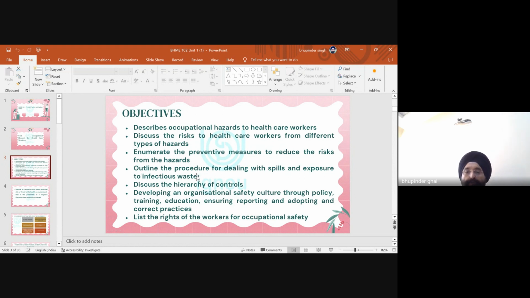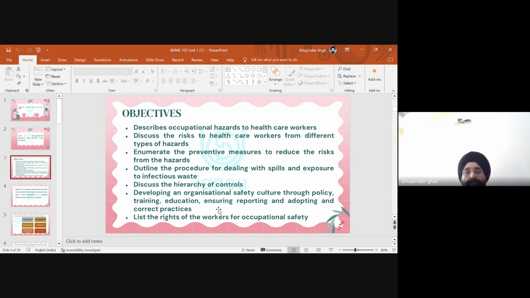Outline the procedure for dealing with spills and exposure to infectious waste. We'll discuss the hierarchy of control, the different steps of control of hazards and risk. Developing an organizational safety culture through policy, training, education, ensuring reporting and adopting correct practices.